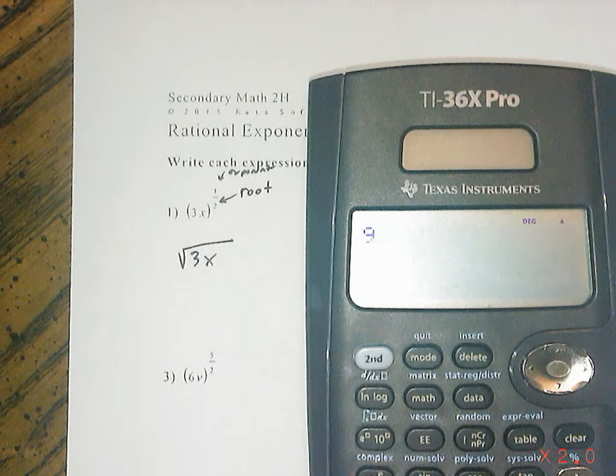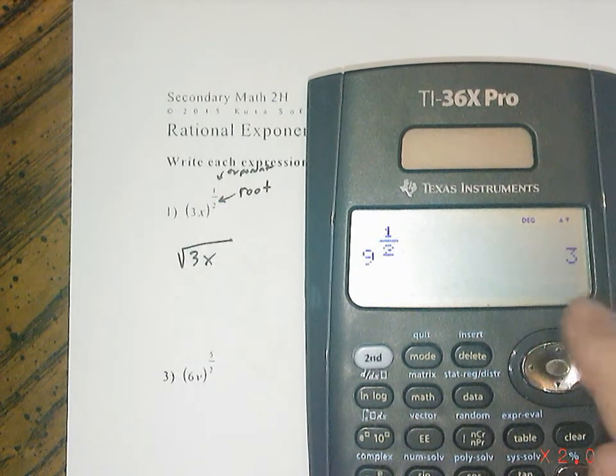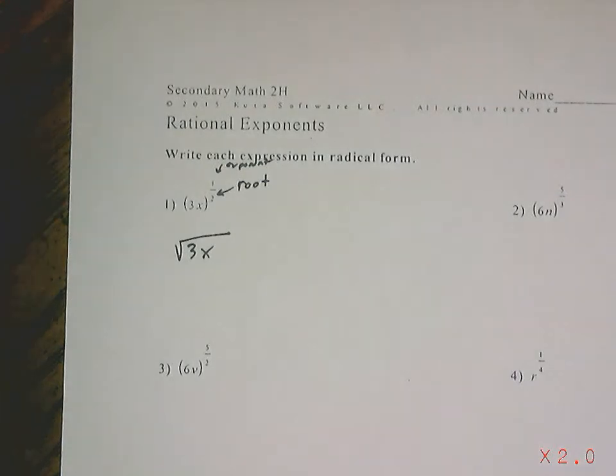So if I do 9 and raise it to the 1 fraction button 2, I should get 3, and that's exactly what I get. That is the same as saying the square root. So when you have fractions as your exponent, it's basically just referring to a kind of root.